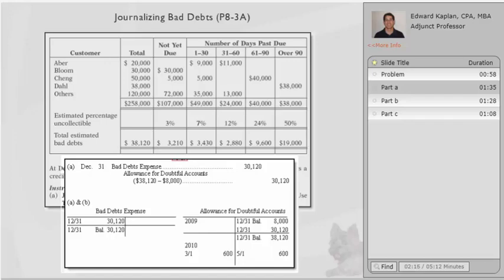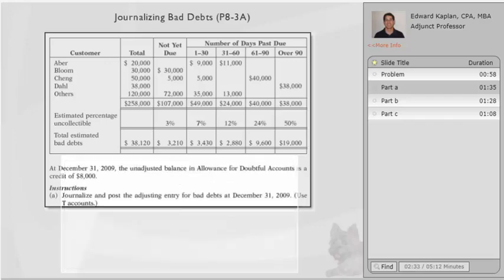So we credit allowance for doubtful accounts, bringing the estimated bad debts to the dollar amount it should be, and the offset goes to bad debt expense. Therefore, we've got a debit to bad debt expense of $30,120 and a credit to allowance for doubtful accounts in the same amount.